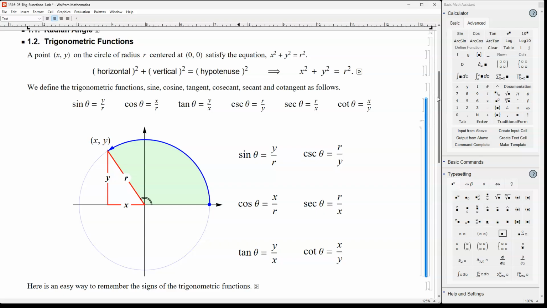And x and y are coordinate axes. They can be either positive or negative depending upon the position of this point, x comma y. And r, the radius, is the radial distance from the origin to the point on the circle. So it's always positive and it stays always the same.